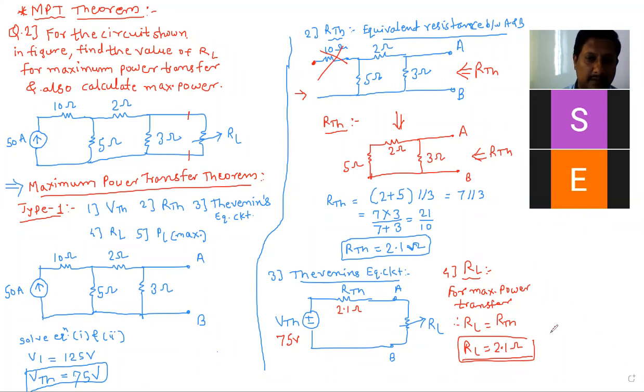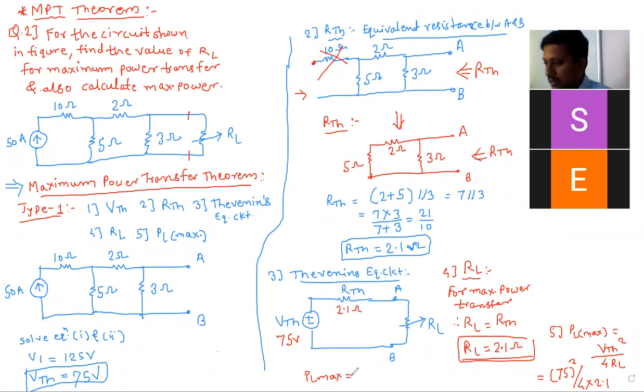Fifth, you can calculate the PL max. What is the PL max formula? VTH square divided by 4 into RL. So put in the values and tell me the answer. 75 bracket square divided by 4 into 2.1. So tell me PL max in terms of watt.